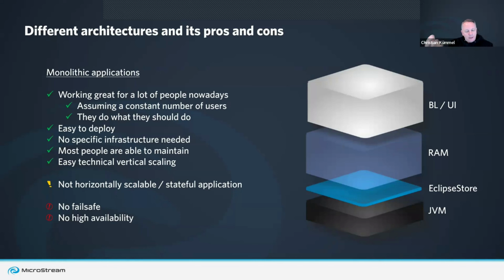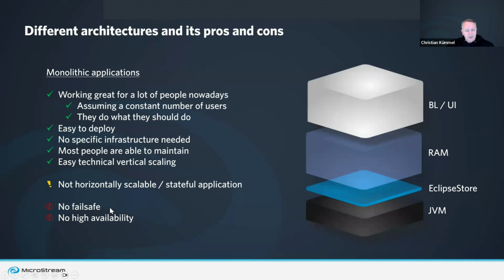And on the other side, scaling is not the only issue, it's also fail-safe. There is no possibility for fail-safe, and there is no high availability. Fail-safe means keeping the impact as small as possible if something fails.